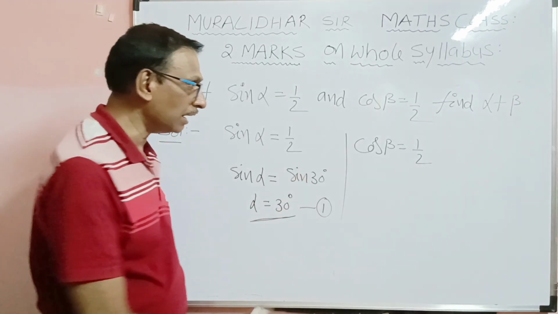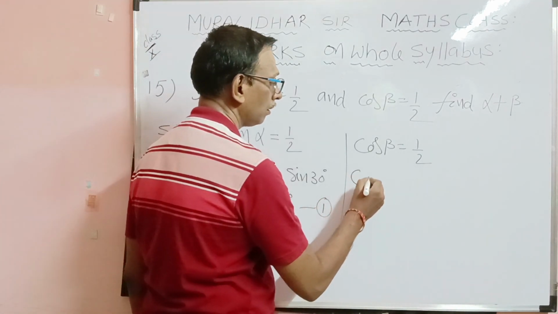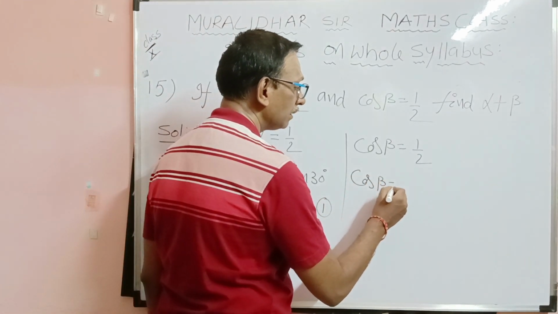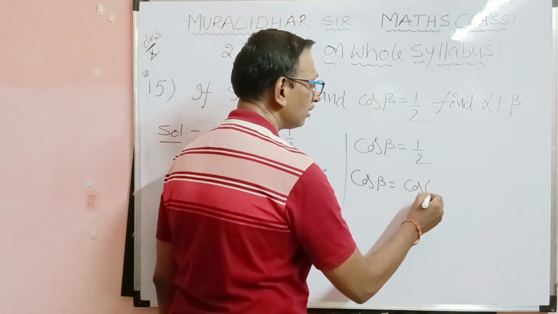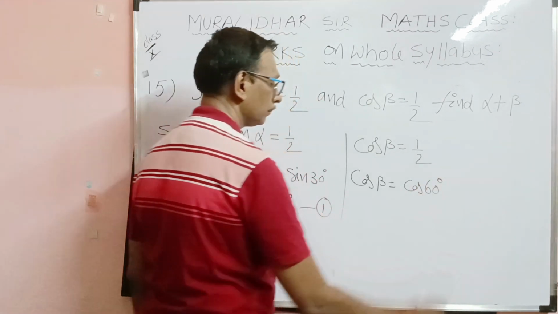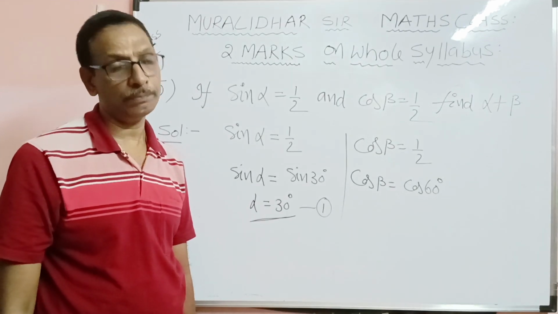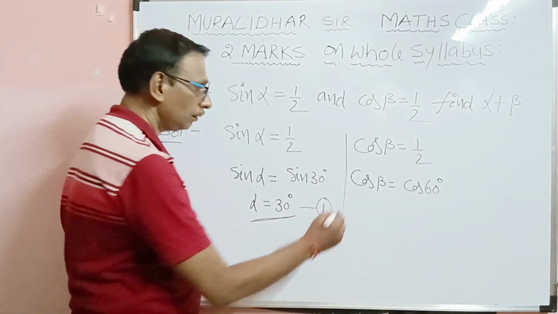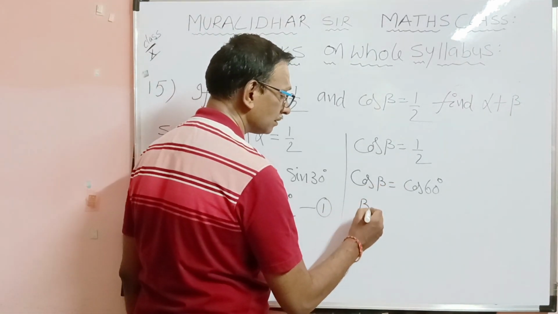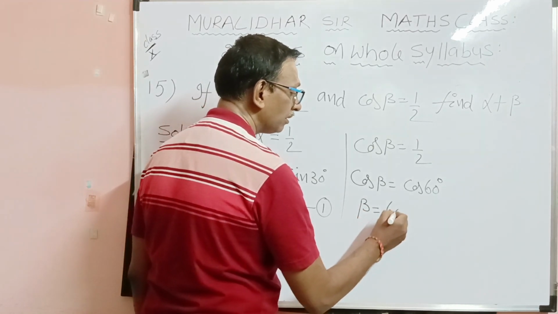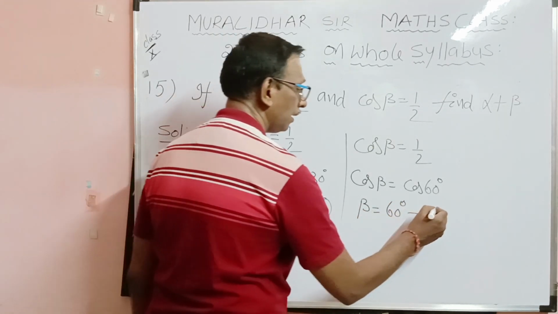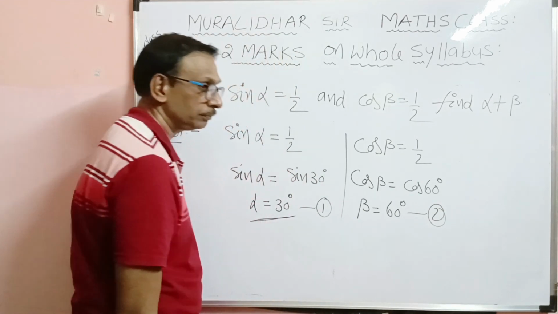That's why cos beta, you write as cos 60. Cos 60 is equal to 1 by 2. On both sides you remove cos. Beta is equal to 60 degrees. It is equation number 2.